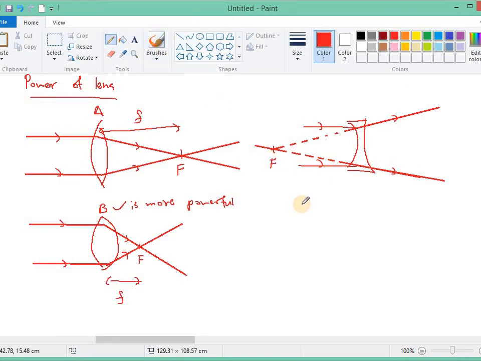So this is the focal point. Okay, the light diverges like this. So this is the focal point. So compare with this.